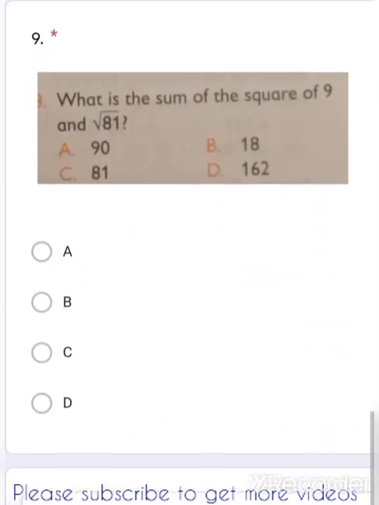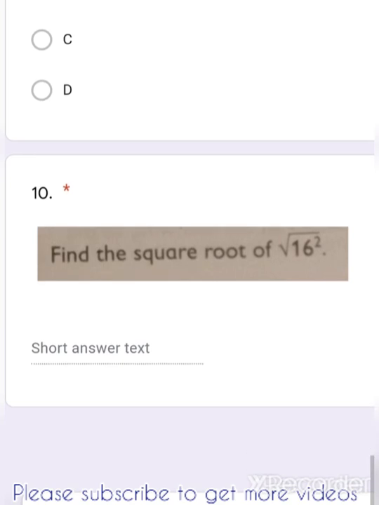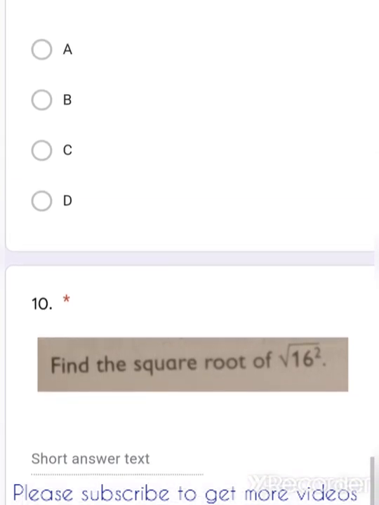I'll also share a link which you can use to do the questions with the self-marking system. There are 10 questions.